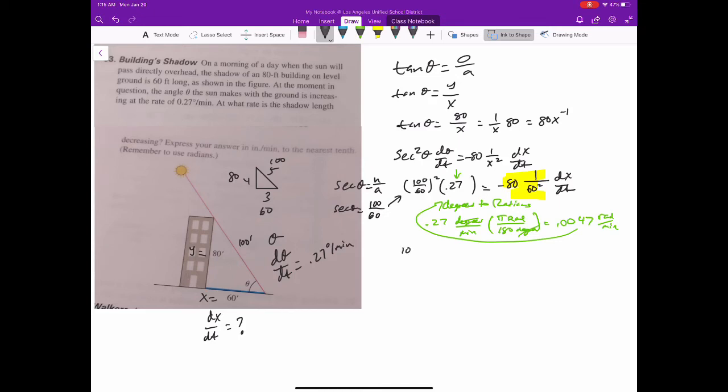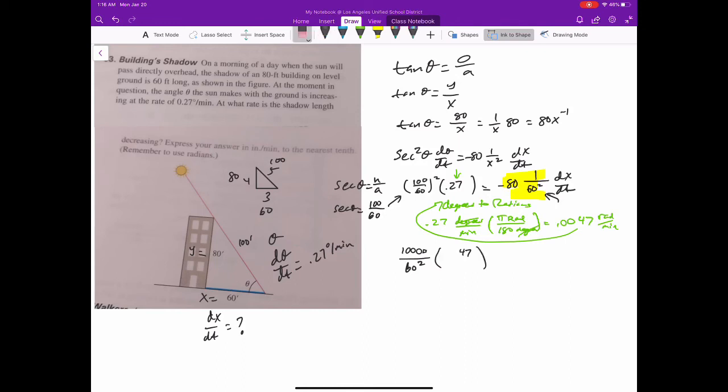So writing it out, we're going to square our 100, square our 60. Actually, we're going to leave the 60 alone because we're going to end up having a 60 squared anyway, as you can see on the other side here. I'm going to change 0.0047 into a fraction to make the calculation a little bit easier.